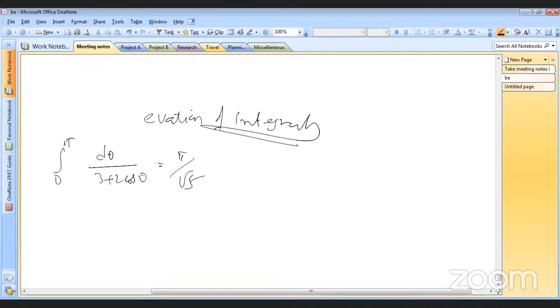You all know that sin of minus theta is minus sin theta, and cos of minus theta is cos theta.